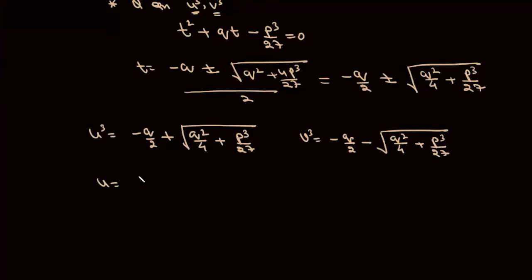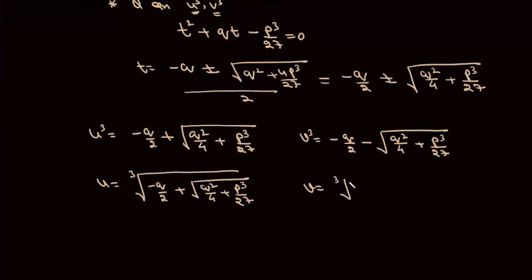Then this u will be cube root of minus q by 2 plus under root of q square by 4 plus p cube by 27, and this v will be cube root of minus q by 2 minus under root of q square by 4 plus p cube by 27.